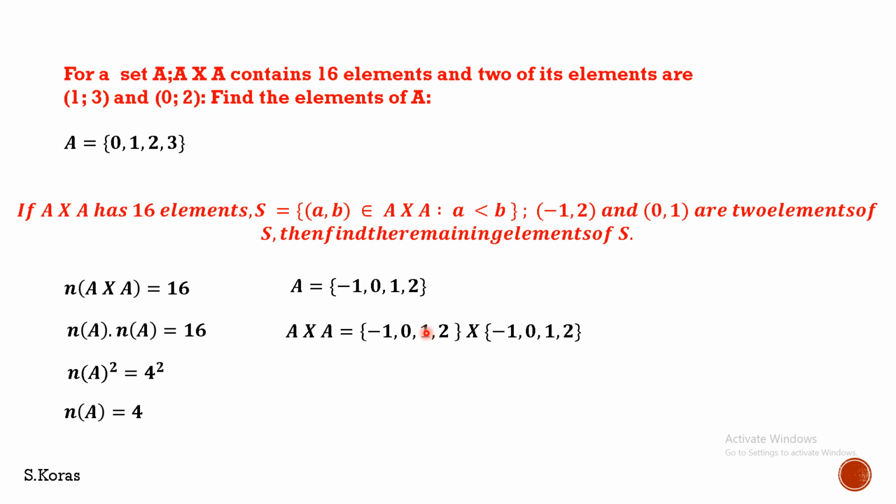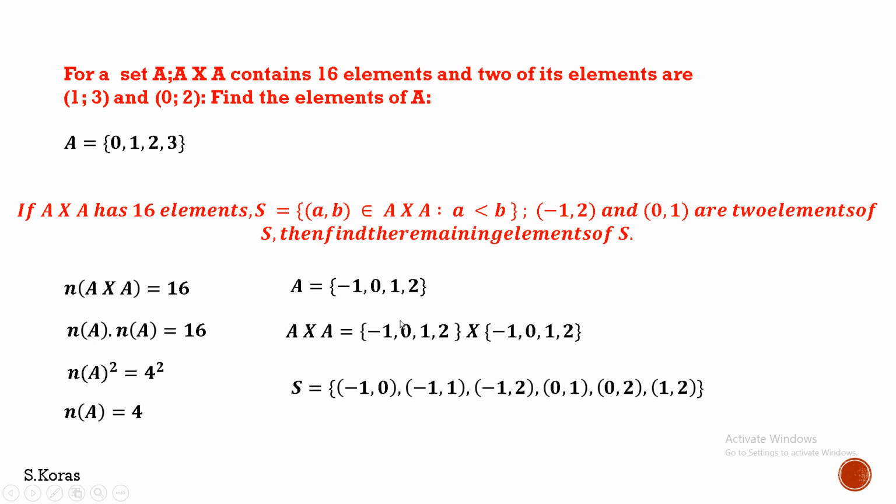Similarly, if I choose 1, we cannot choose these three elements because these three elements are lesser than 1. We have to choose only the element which is greater from the back set. So if I choose 1, I can select only 2. If I take 2 from this front set, I cannot take anything from the back set. In this way, if we fix it, our S will be like this, right?